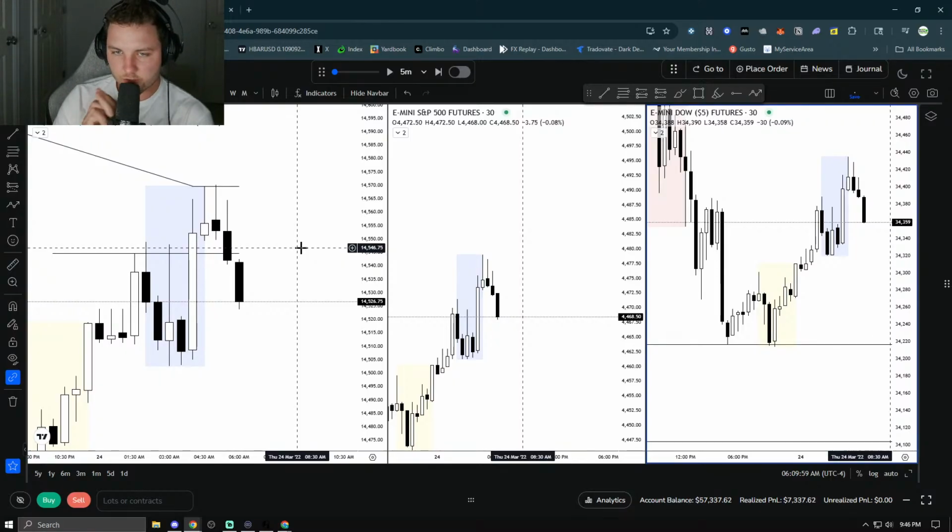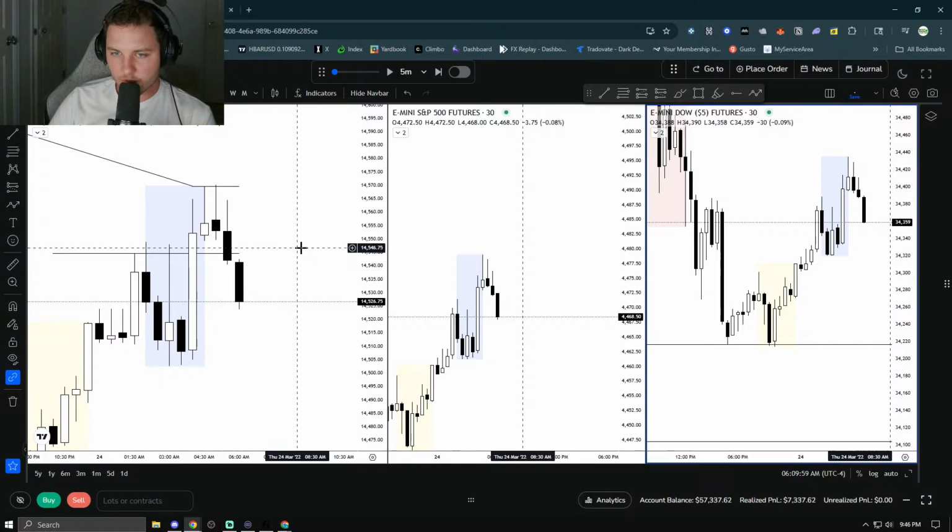Max, you have to include logic. Again, rewind the last trade because there's a bunch of SMTs in there, right? That's why I started my thought process.